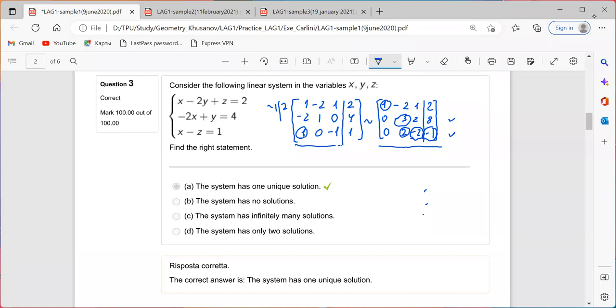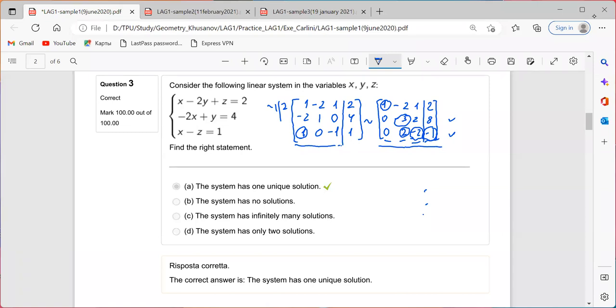And in this matrix, determinant will be 0 if this last row also will be 0. If these three elements are 0, determinant will be equal to 0.